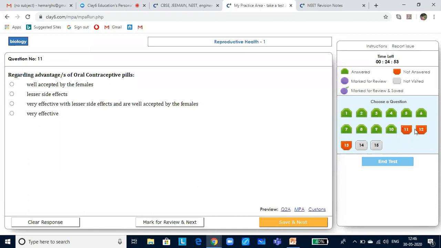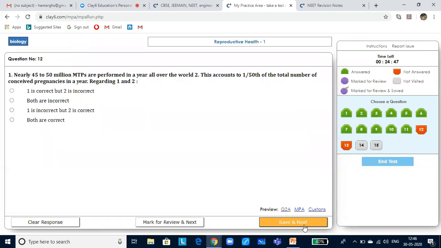Contraceptive pills are very effective with lesser side effects and are well accepted by the females. MTPs are performed in a year all over the world. This accounts to 1/50th of the total number of conceived pregnancies in a year. The first one is correct, but the second one is incorrect.